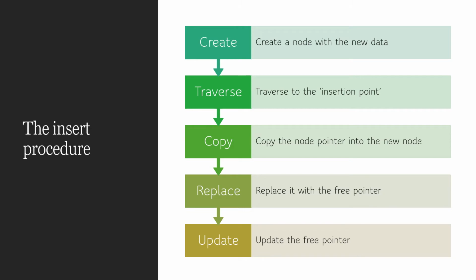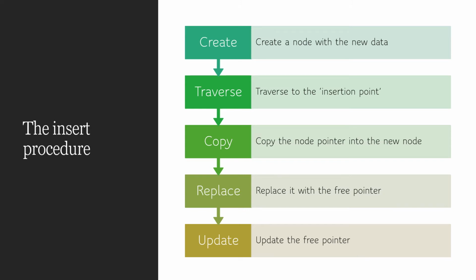I'll talk a bit more about how we find the right place. But let's just say we get to the place where we want to add the new node. Now we're going to overwrite the pointer there. So before we overwrite it, we have to copy that pointer into our new node. The new node has got a null pointer, so it's got space.